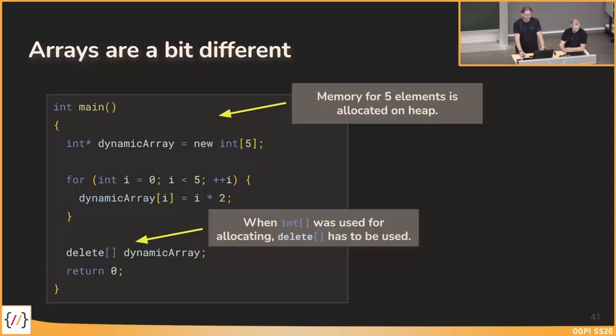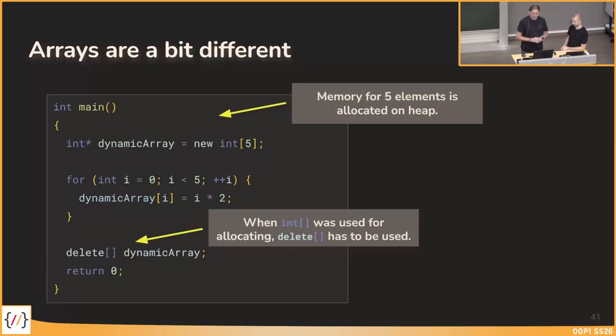But when we have arrays, we always have to use these brackets here, and we also have to use them when we delete the array. So we have to use them for new, but also for the delete statement here. Otherwise, not the whole array would be deleted, but only, I think, one element.